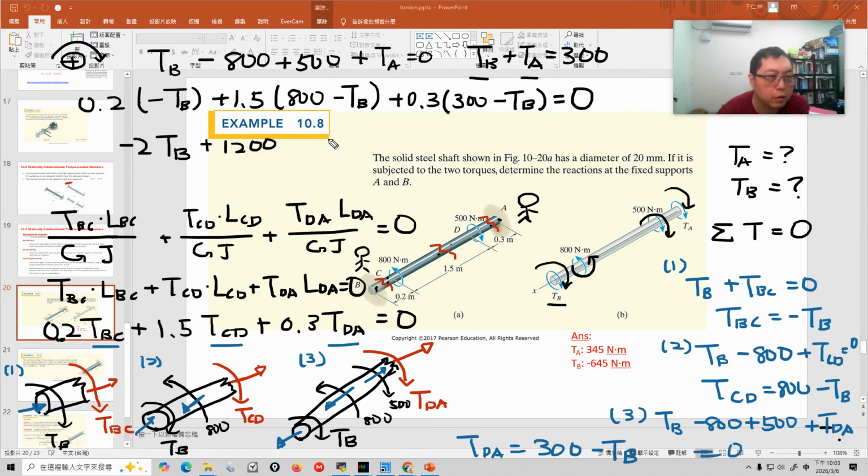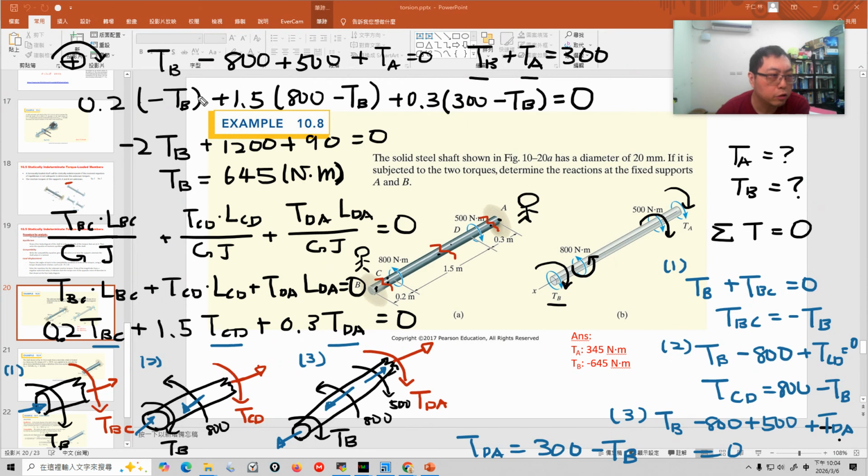Plus 900, sorry, it's 960. So you obtain TB is equal to 645 Newton meters.